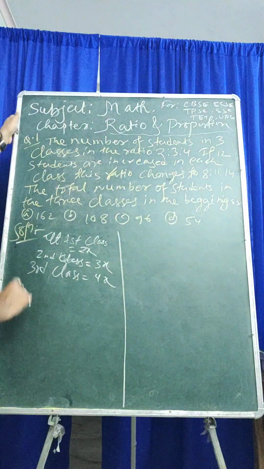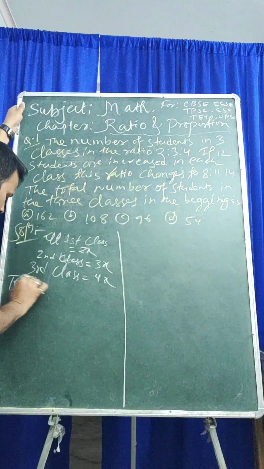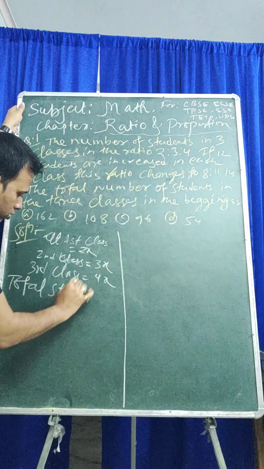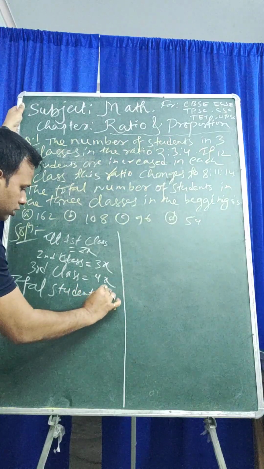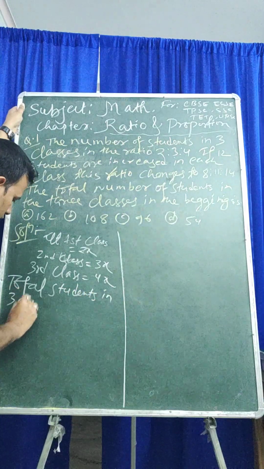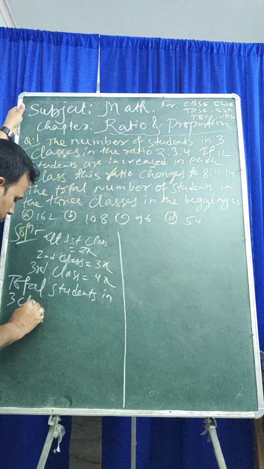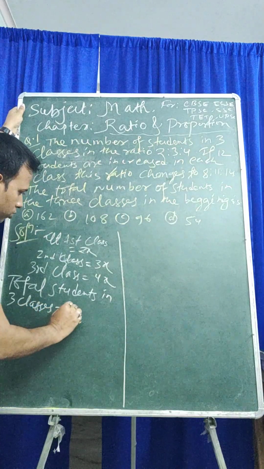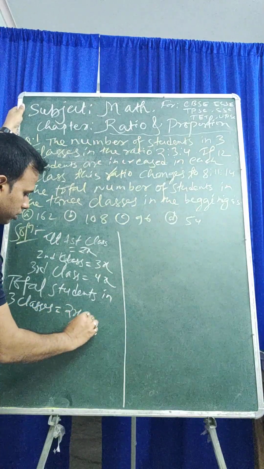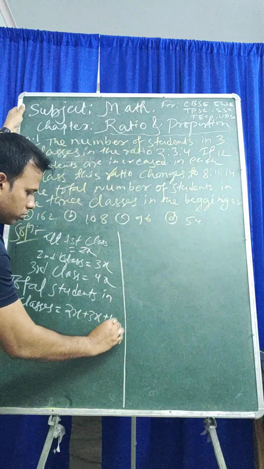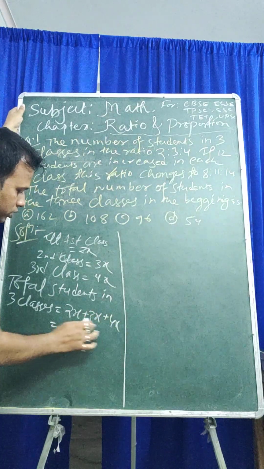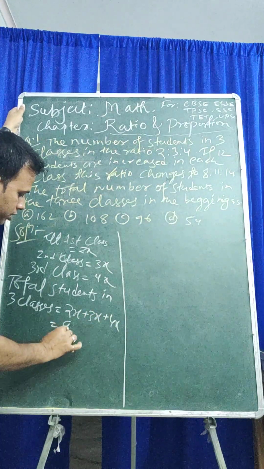Therefore the total students in 3 classes will be 2x plus 3x plus 4x, so it will be 9x.